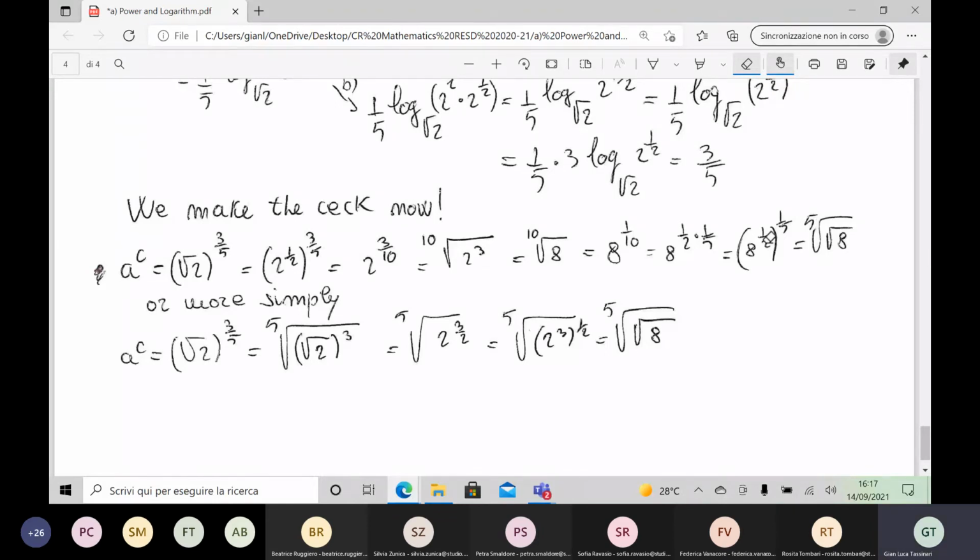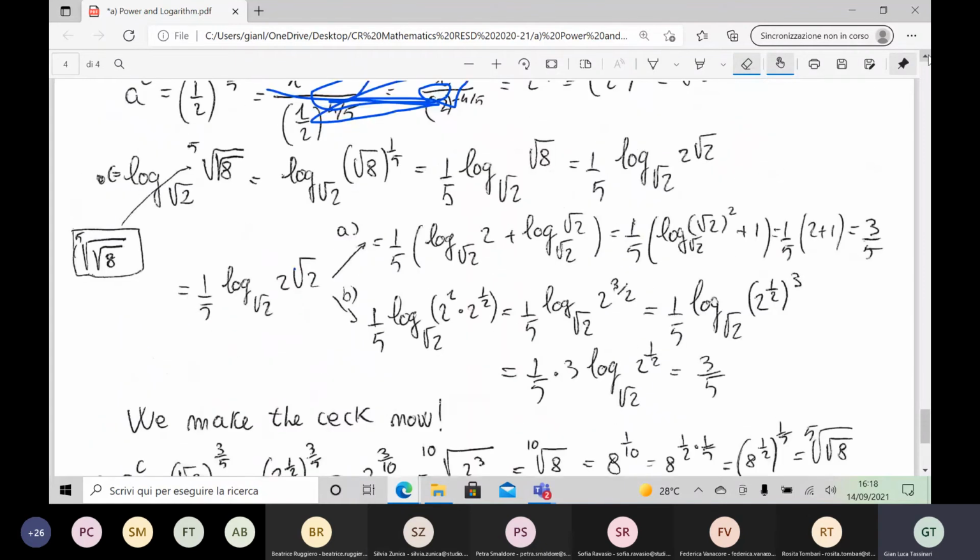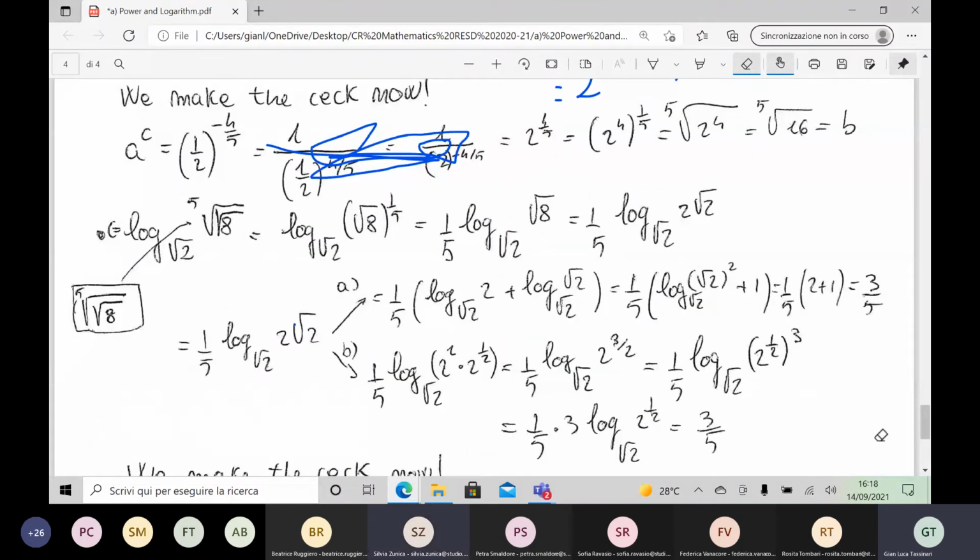Saying that 8 is raised to the power 1 over 2 means that you can take simply the square root of 8. Yes, I did this step only because I wanted to get the result exactly written in this fashion. So we have just shown that really, yes?